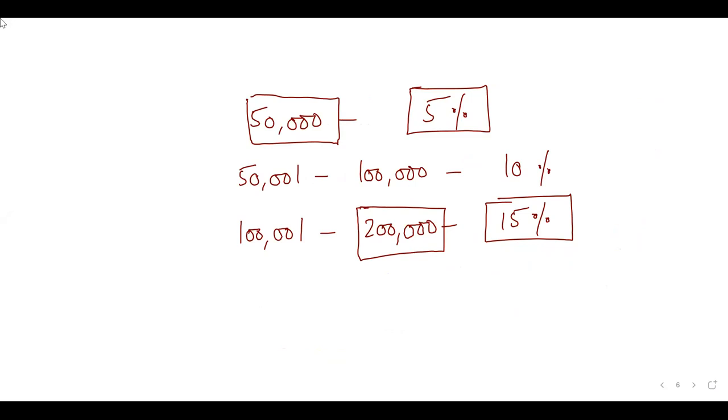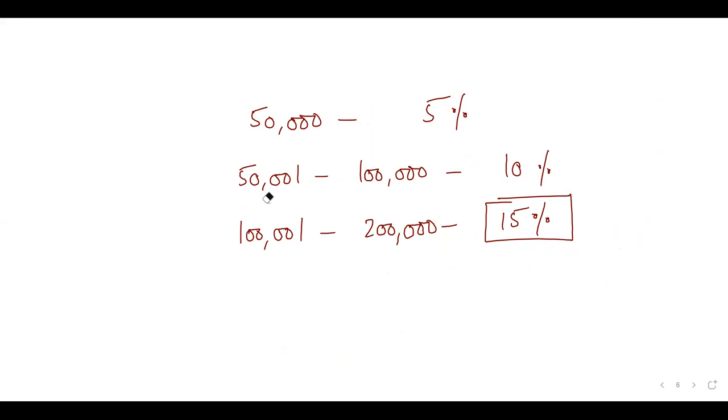So if you earn 50,000, you're paying, let's say, 5% of your income in taxes. If you're earning in this income bracket, you're paying 10%, and so on and so forth. Easy. Are we good on this? Students, any confusion? Anything that's still not clear? Okay.